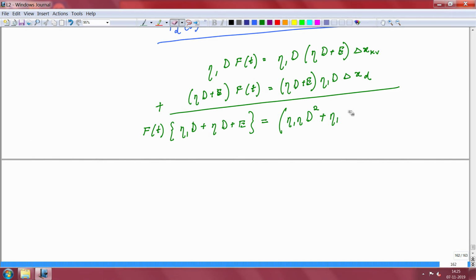Let me just write E ahead because D is the operator. So, I choose to write it last into delta x. Right. These two got added together and they become delta x.